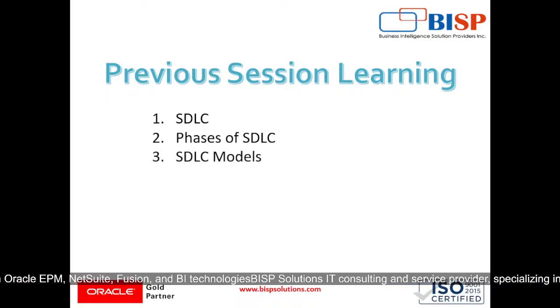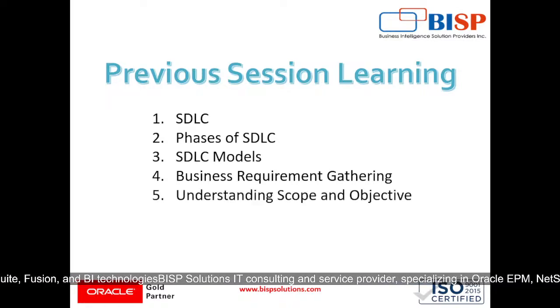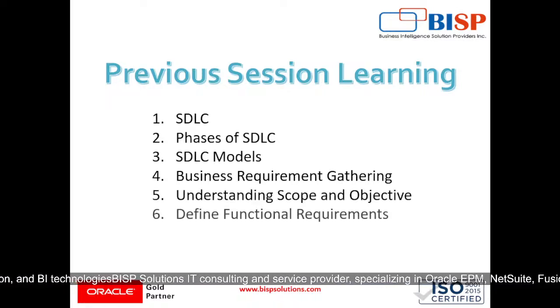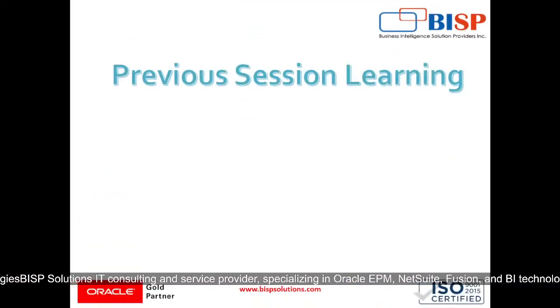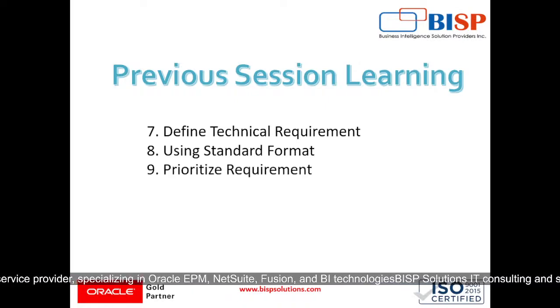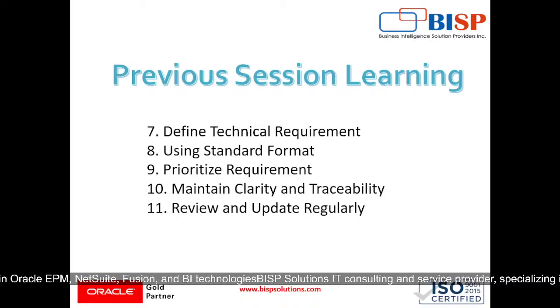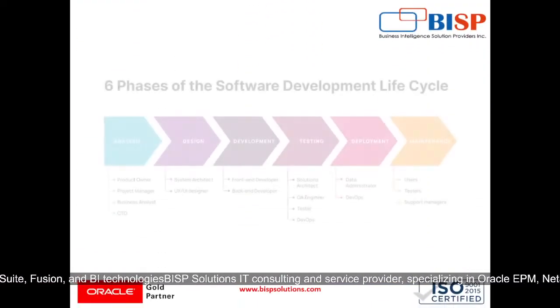Then SDLC models, and the business requirement gathering steps, like understanding scope and objective, defining functional requirements of the business, and defining technical requirements of the company using the standard BRD or business requirement document format, prioritizing requirements, maintaining clarity and traceability, and continuously reviewing and updating the stakeholders.